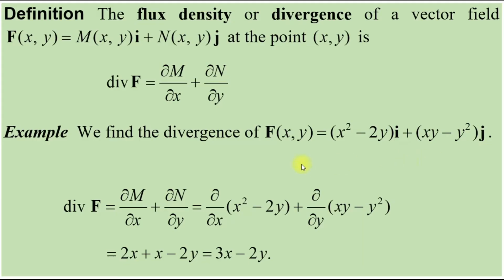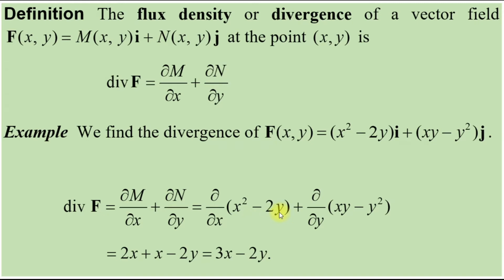As an example, we consider the divergence of the vector field F(x, y) = (x² − 2y)i + (xy − y²)j. Here div F is, by formula, the partial derivative of M with respect to x plus the partial derivative of N with respect to y. The partial derivative of M with respect to x is the partial derivative of x² − 2y with respect to x.